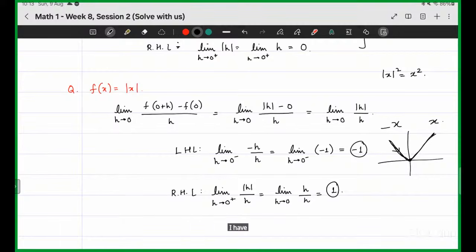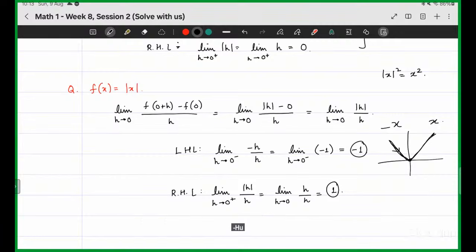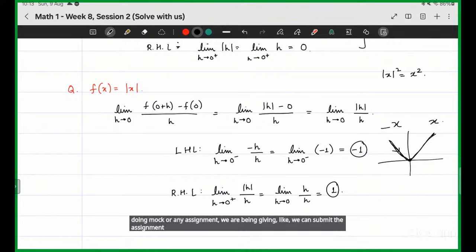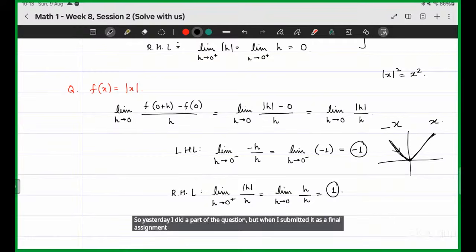Actually, I have done the week 2 mock, and as we are aware, while doing a mock or any assignment, we can submit the assignment multiple times before the due date. Yesterday I did a part of the questions, but when I submitted it as a final assignment, it provided me with the grades.